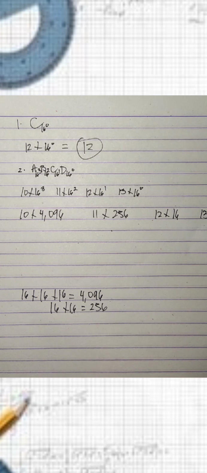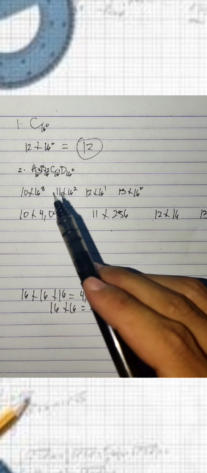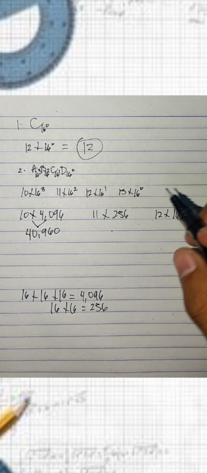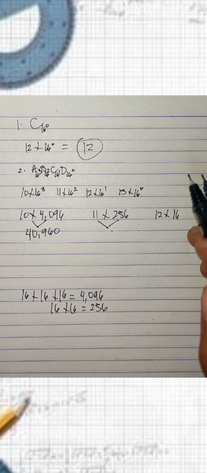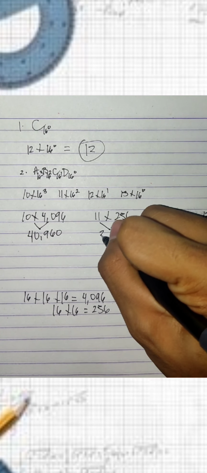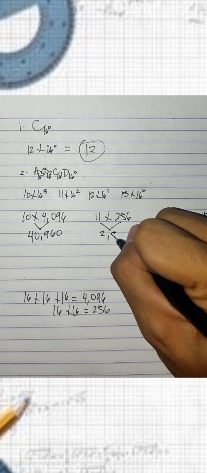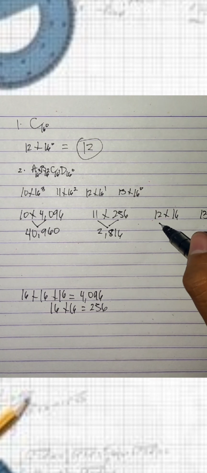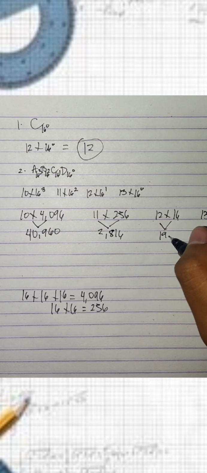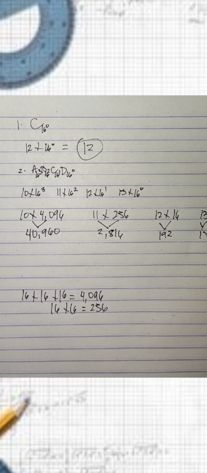So, ipagta-times natin to. 10 times 4,096 is equals to 40,960. Then, 11 times 256 is equals to 2,816. Then, yung 12 times 16 natin is equals to 192. Then, 13.